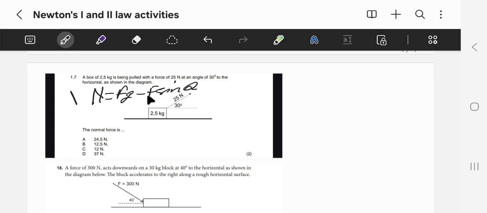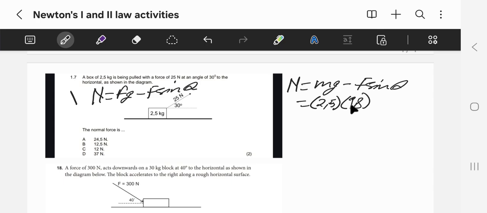Okay, so that's what our normal force will be like in terms of formula. Now what we are going to do is to substitute it to this formula. We'll have N is equal to, where we see Fg, we must now put mg minus F sine theta, and then m obviously stands for the mass of the object, which is 2.5, and the g is the gravitational acceleration of 9.8, and then minus the F is this force, the applied force, which is 25.